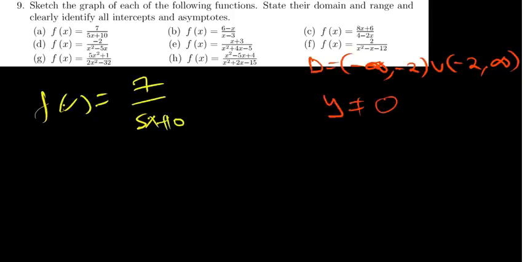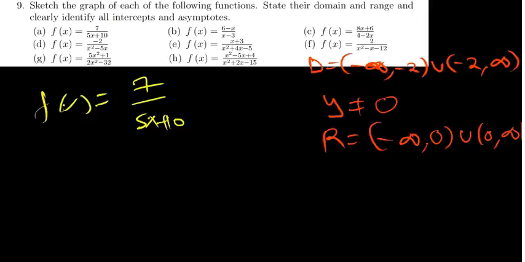Meaning that my range in that case is from negative infinity to 0, union 0 to positive infinity. Or I can say y is such that y is not equal to 0 if the function is bottom heavy.